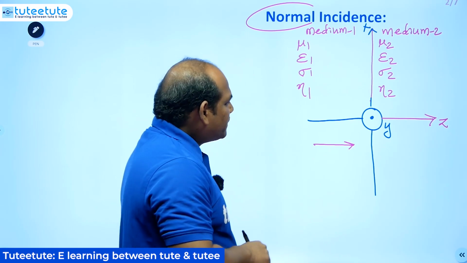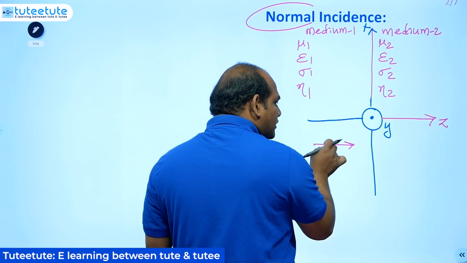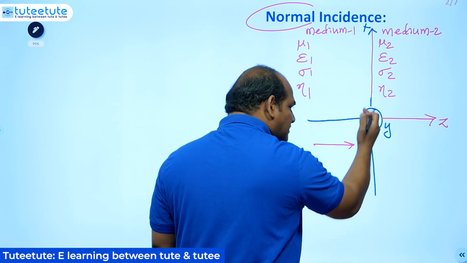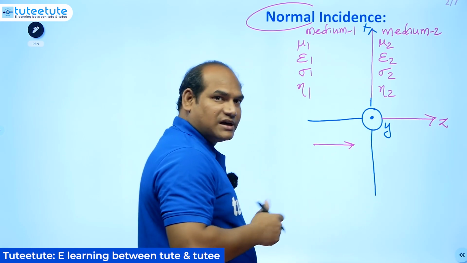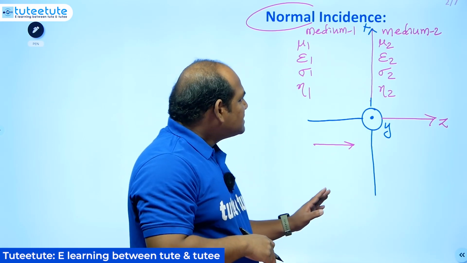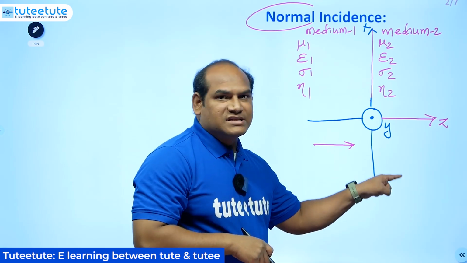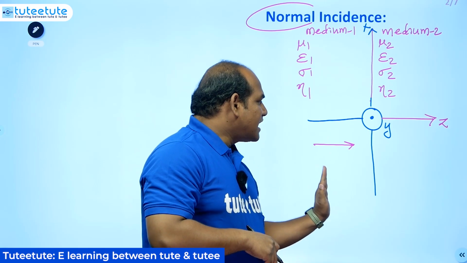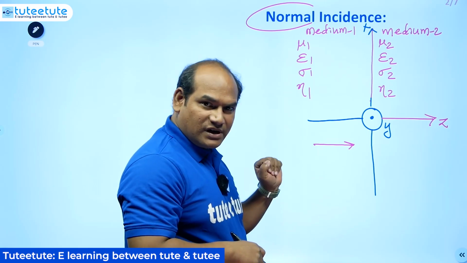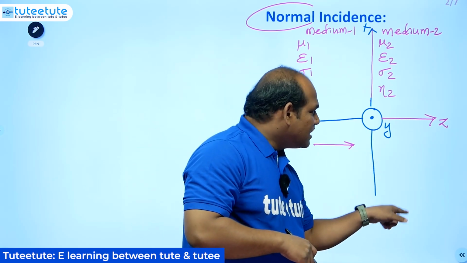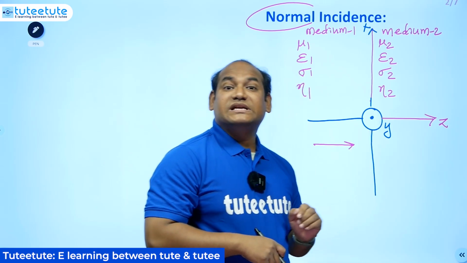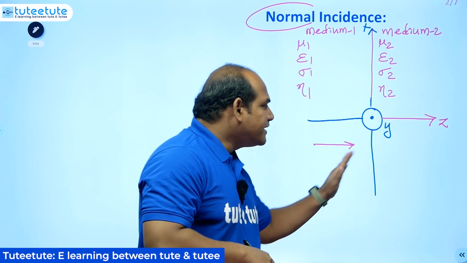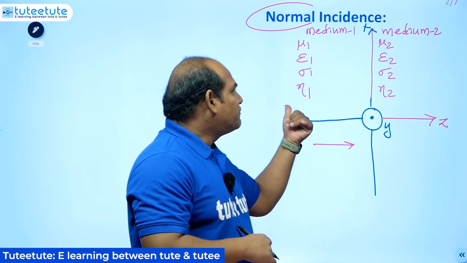So we can say the electromagnetic wave has been incident on the surface normally, because we have taken two different media. This one is represented by the impedance eta 1 and this is another medium represented by impedance eta 2. Two different media means surely two different impedances.